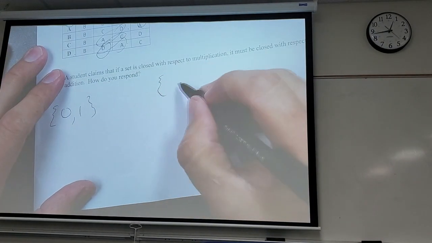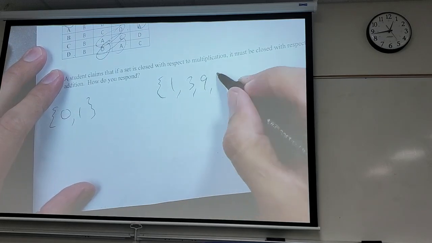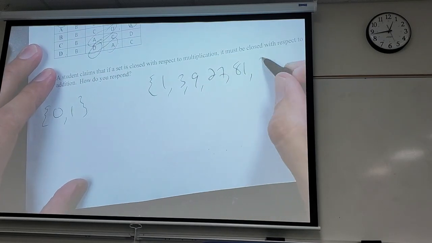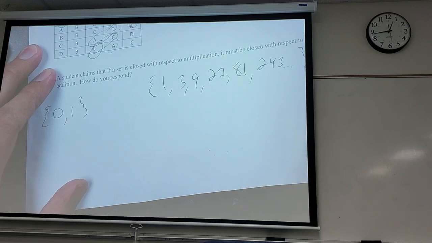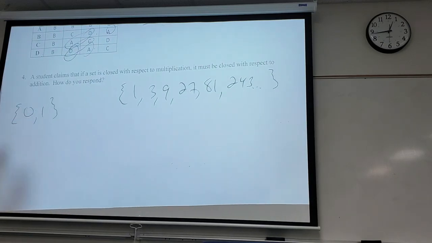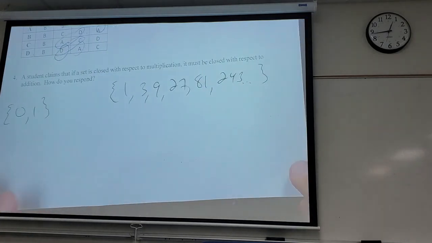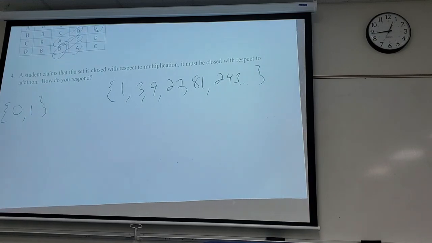Think about this set for a minute. How am I creating those numbers? Multiplying by 3 every time. Yeah, I keep multiplying by 3. Is it closed under multiplication then? See the dot, dot, dot? It keeps going the same way, right? 3 times 3 is in there, correct? 1 times any of them is in there, correct? 9 times 243 will eventually be in there.